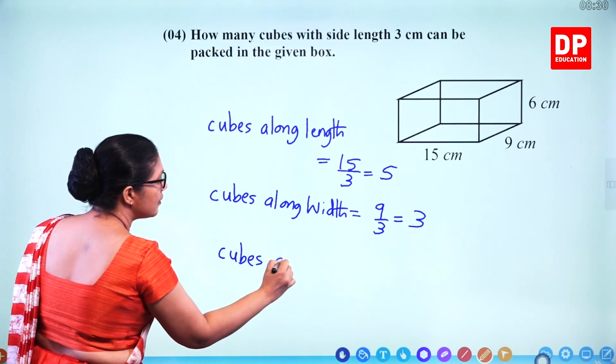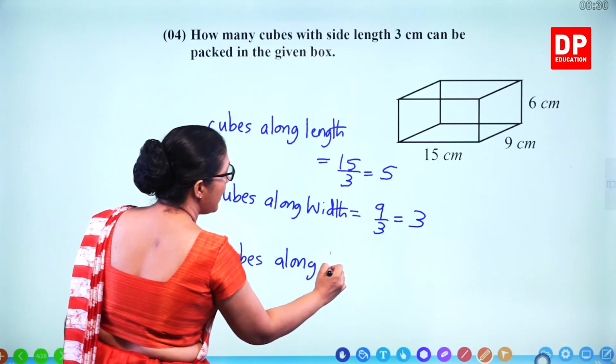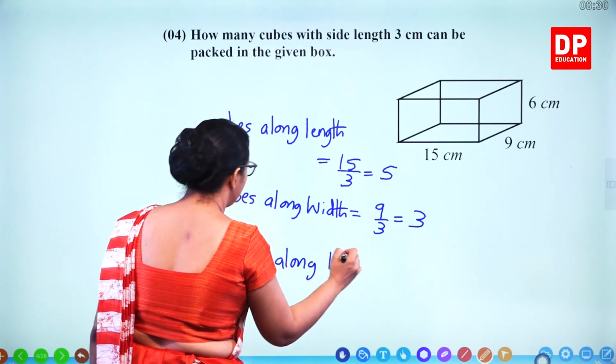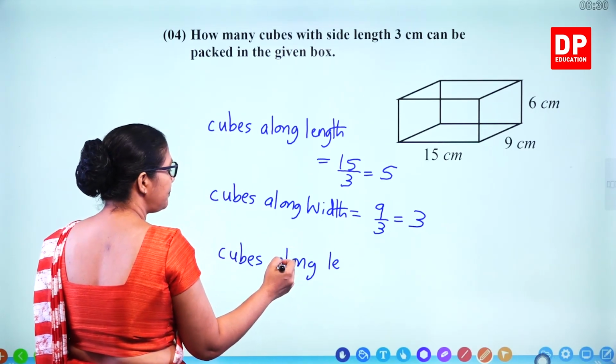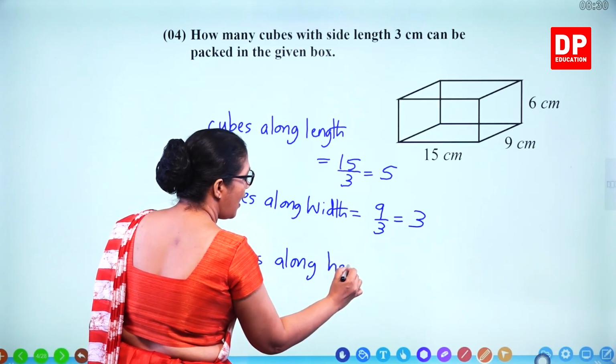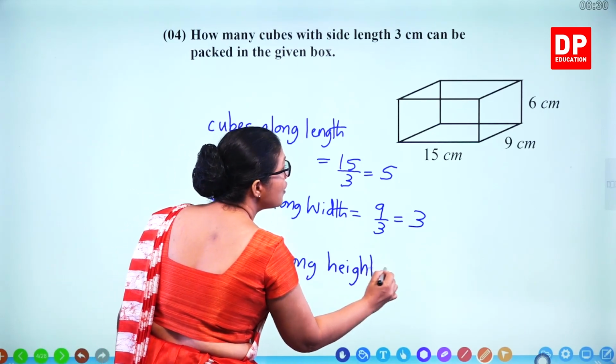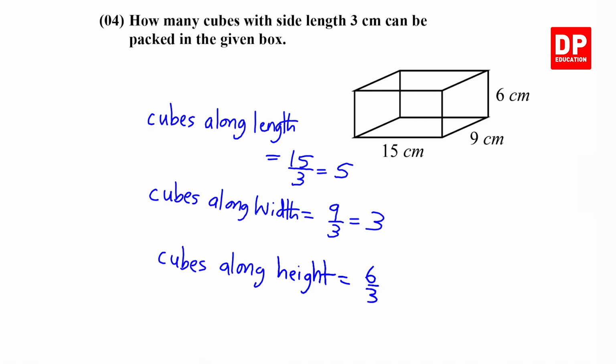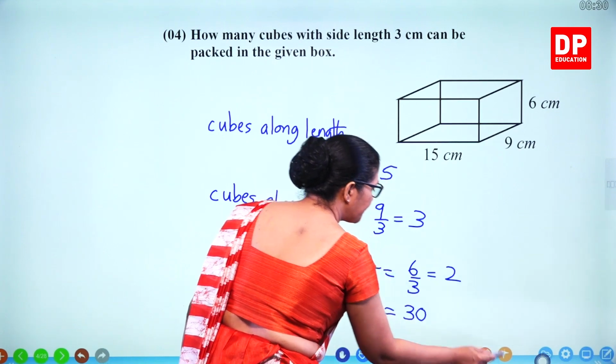Cubes along height. Height is equal to 6 divided by 3, that's 2. So total number of cubes is 5 into 3 into 2. 15 times 2, 30 cubes you can fit into the cuboid. So 2 marks.